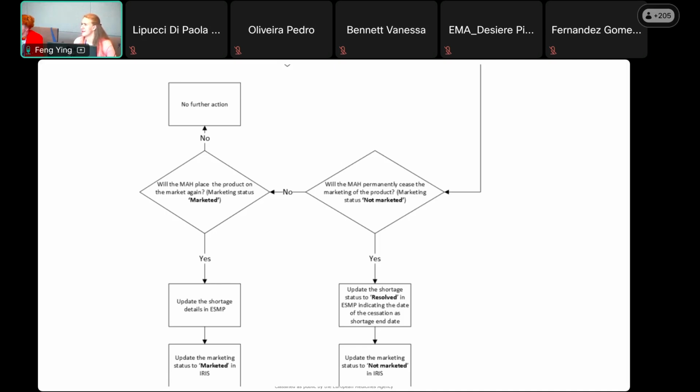For ESMP, you are not able to report the end of the shortage anymore after the marketing status changes to not marketed. So therefore, we advise that you change the shortage in ESMP, including the resolution date, before you update the marketing status to not marketed, as otherwise you are not able to see the product in ESMP anymore and you cannot update the shortage information.